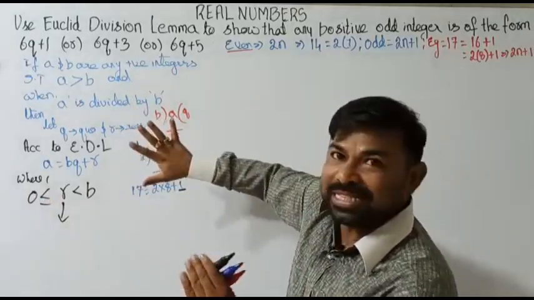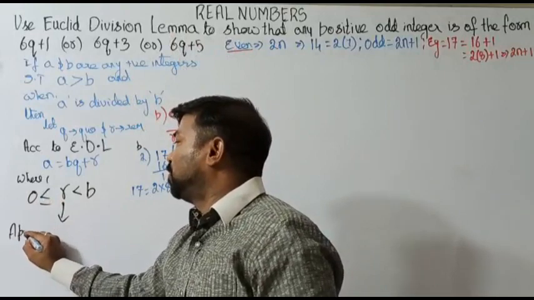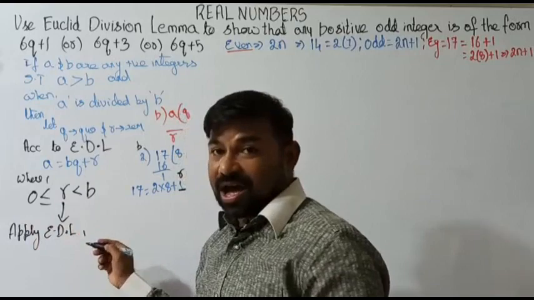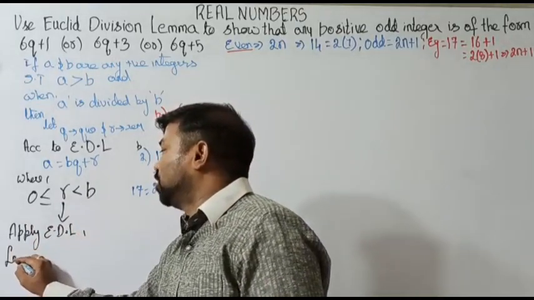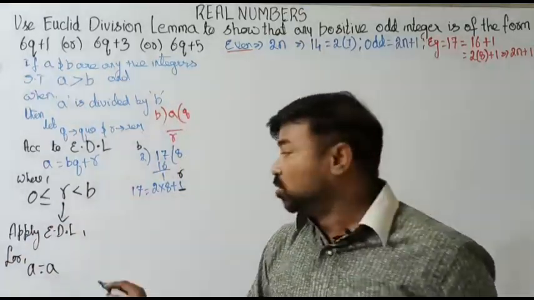Applying Euclid's division lemma, or the formula for a, I like to take a is equal to a only.